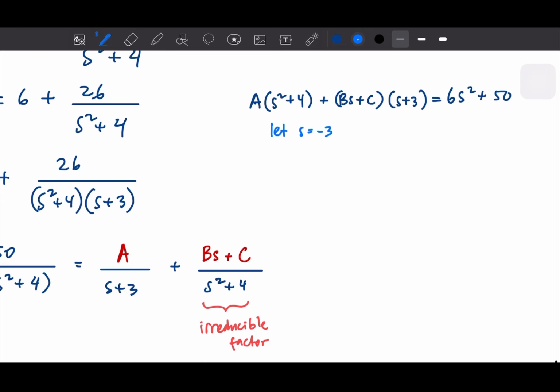So 3 squared is 9, 9 plus 4 is 13, so 13a is equal to 54 plus 50, which becomes 104, right? And a is, what is this? Oh, it's 8. So a is 8.